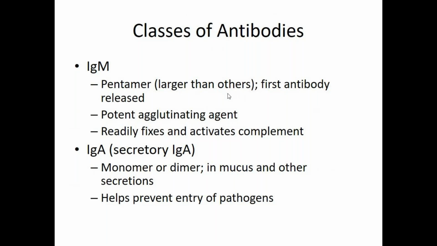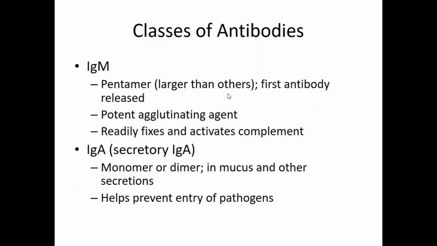And IgM is really, really good at agglutination. Again, when we talked about transfusion reactions in blood typing, what we were looking at was whether we had a clumping or clotting reaction with an antibody. That's what agglutination is. So IgM gathers these things together and clumps them or agglutinates them and kind of binds them in one place.